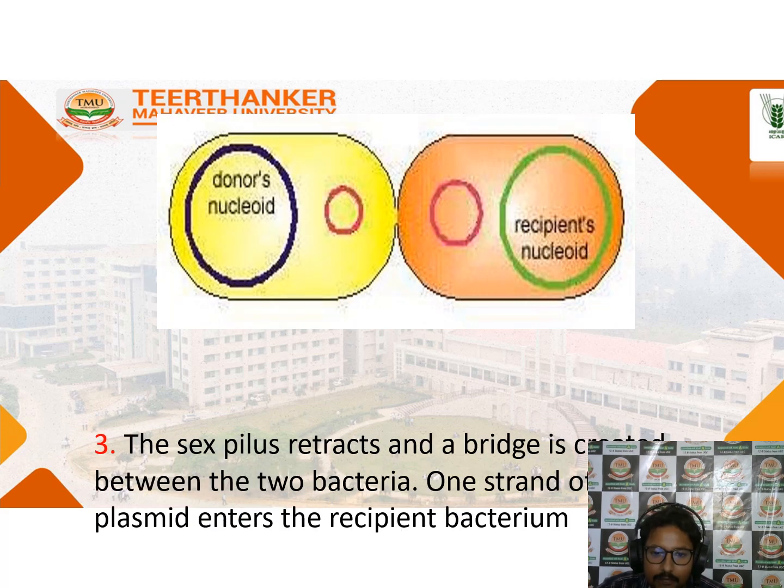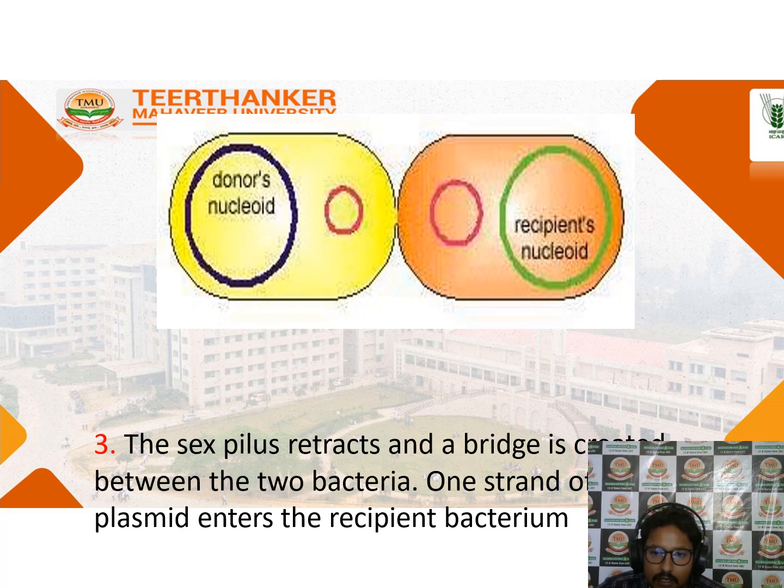Finally, the sex pilus bridge retracts and both bacteria separate. Here you can see one strand of the F plus plasmid in both cells, and naturally this single strand forms its complementary strand.